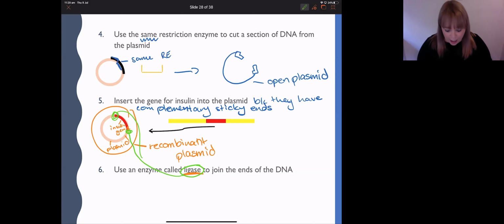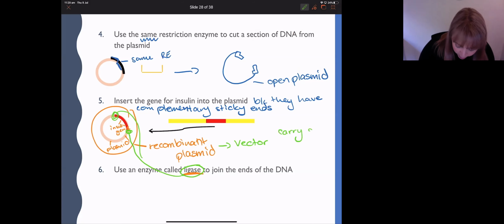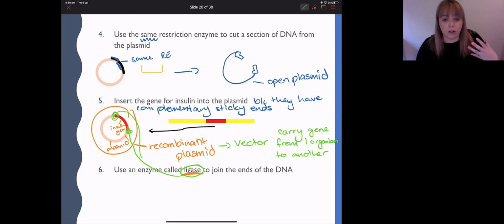Now, what these are is these are also called vectors. Yes? So they are vectors because they are going to carry the gene from one organism to another. Yeah, but they're not going to necessarily need it themselves.